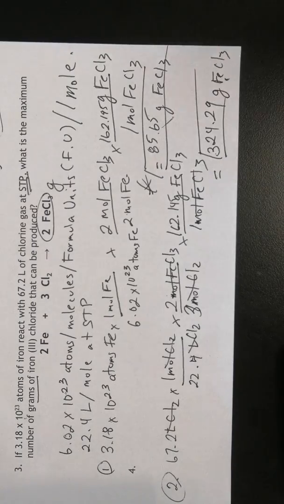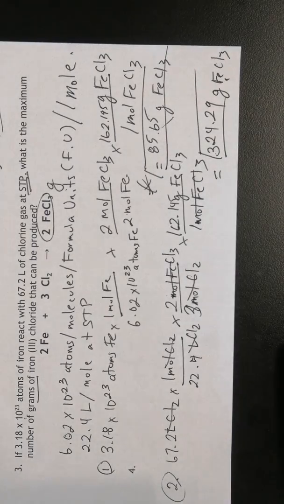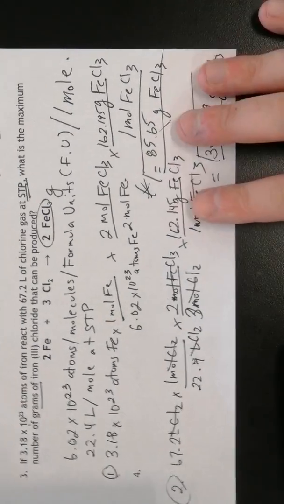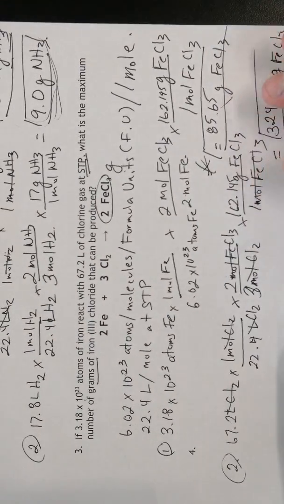Make sure you've read the question, because a lot of times we want to know about grams, but it could ask how many liters, the volume, or how many atoms, or formula units. Practice, practice, practice. Let me know if you need any help.